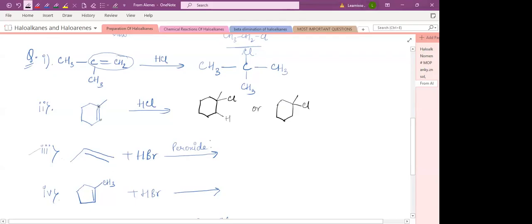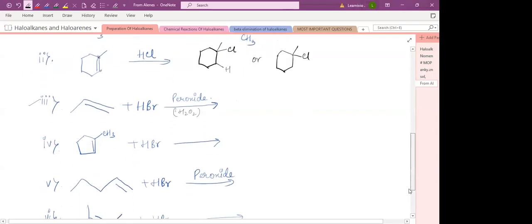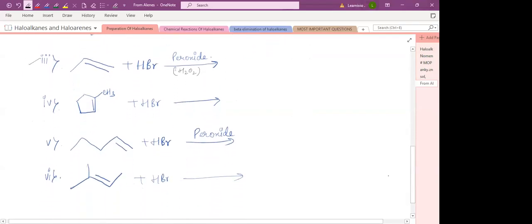When the peroxide is present, right? When the H2O2, hydrogen peroxide, is present, then what will be the product? Br joins the last part.